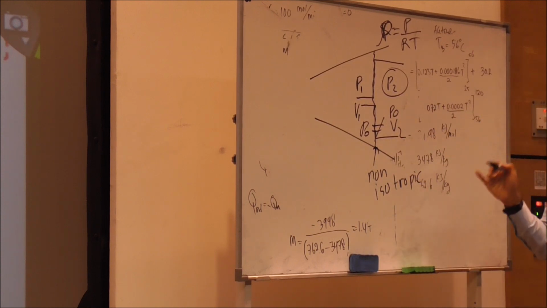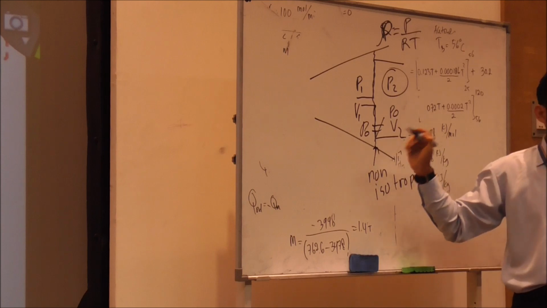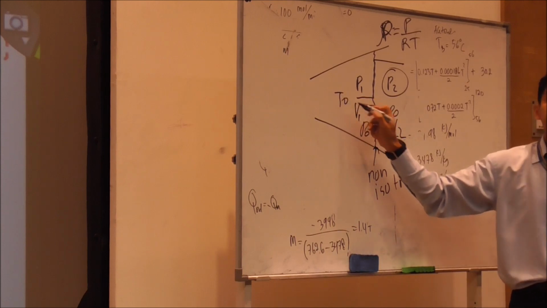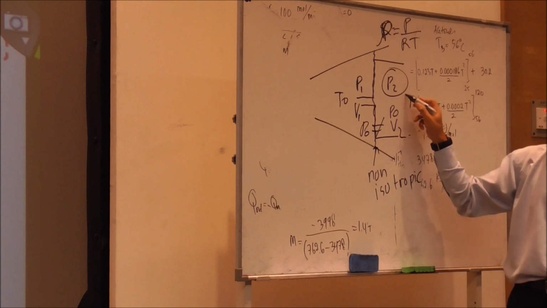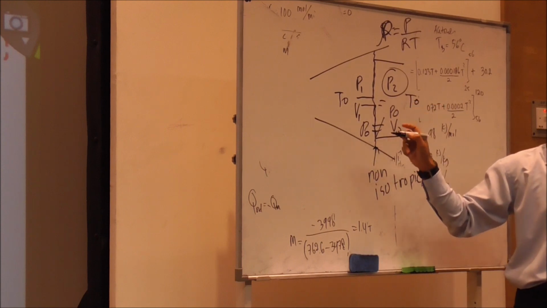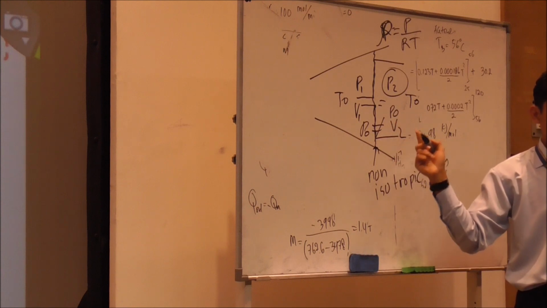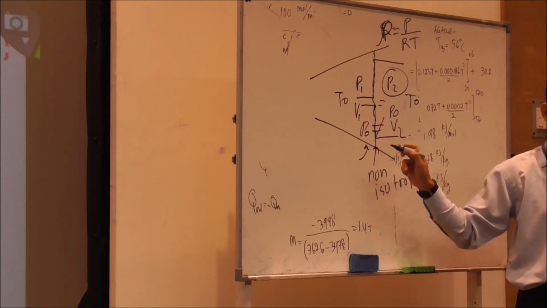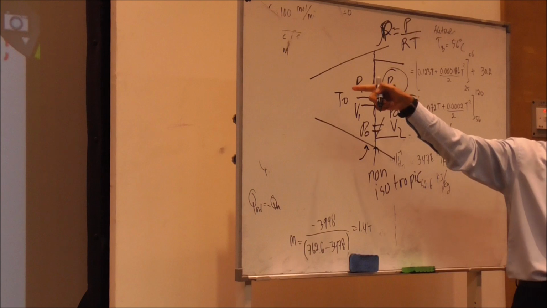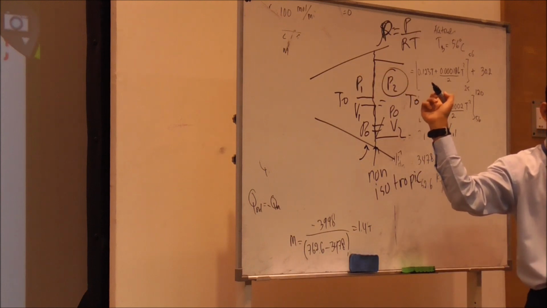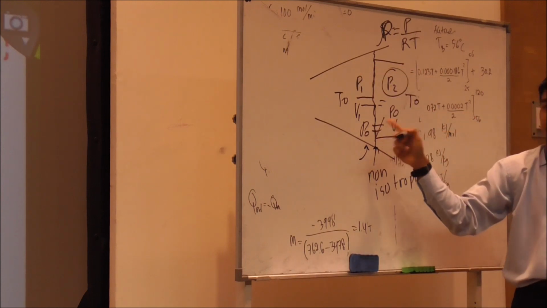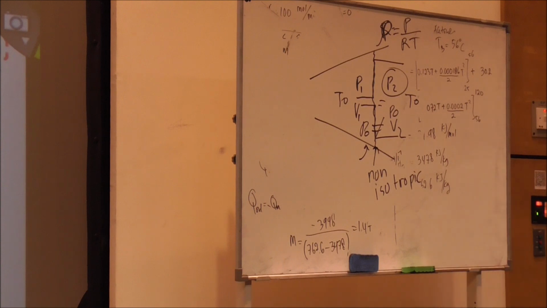Okay, you will realize later on that the only thing that is maintained is the T naught. T naught over here will be equal to T naught over there. Why? Because of the conservation of energy. Right? Because there is no heat input, no work input, so whatever is there has to be there. So only T naught is constant, but P naught will be different.